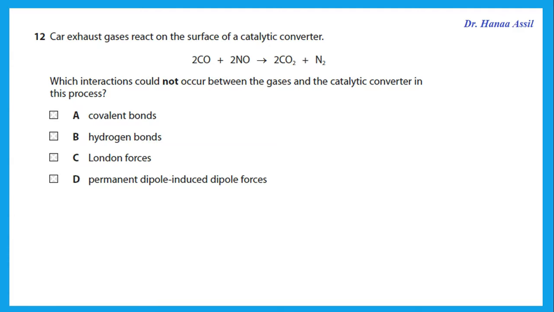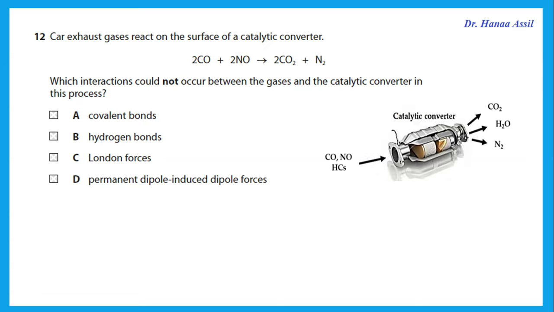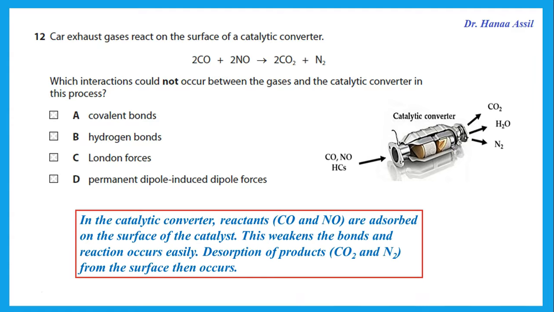Car exhaust gases react on the surface of a catalytic converter. Which interactions could not occur between the gases and the catalytic converter in this process? Remember, a catalytic converter is placed on the car exhaust in order to change the harmful gases that are emitted from the engine or from the burning of the fuel into safer gases. Now, how does the catalytic converter work?